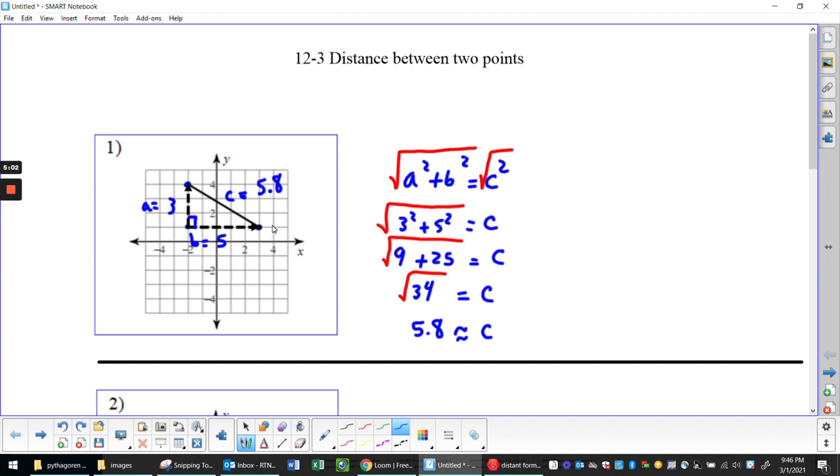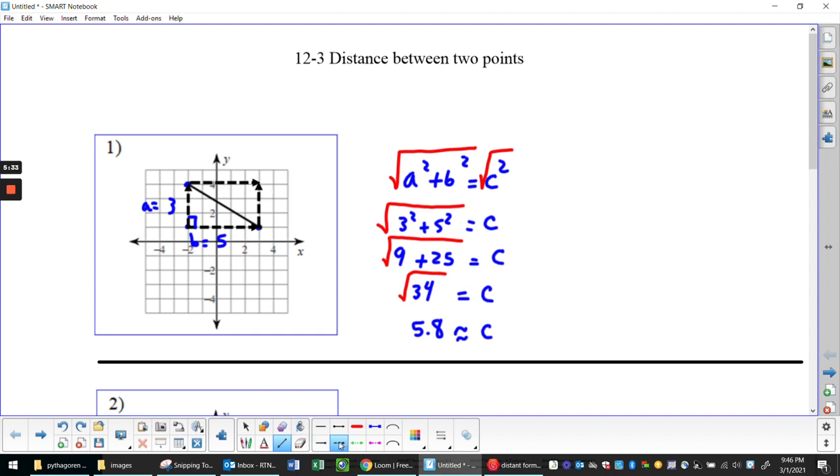Now the other thing I want to show you is that, let's say your graph didn't have enough room, you could have taken your points and created a diagonal distance going above the line like this.